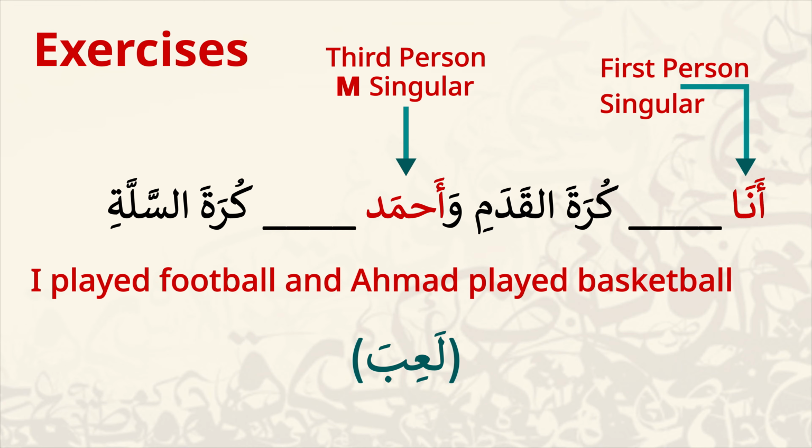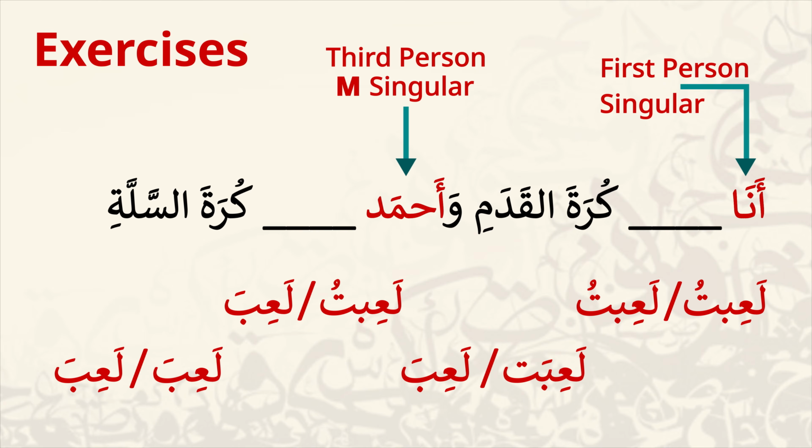We can even replace it with the pronoun هو. So which answer will it be? The answer is the third, لعبت, by adding تاء الفاعل in its first form, and the second one takes no connected pronoun, as it's a third-person singular for which the subject will be hidden.